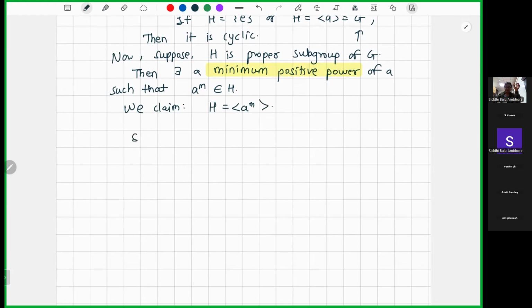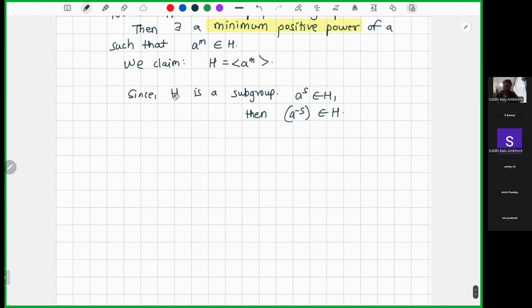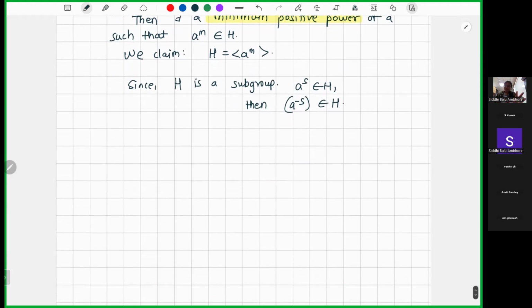First thing, note that since H is a subgroup, if A power S belongs to H, then A power minus S also belongs to H. It is the same argument we did earlier when we solved the problem on checking subgroups of A power N sort. That's not a problem, it's a property of H being a subgroup.